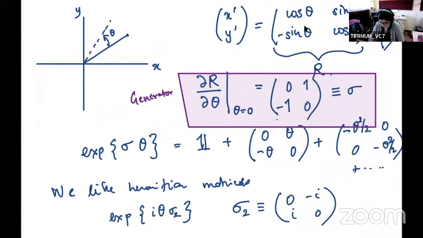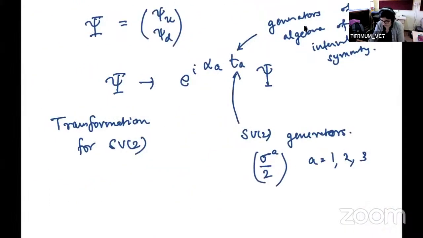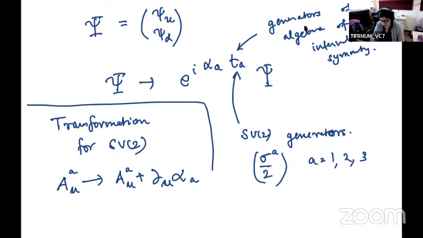Okay, so one more thing changes, which we should have also talked about. Remember A mu goes as A mu minus del mu alpha, right? So since you have 3 alphas, you also need 3 A's. Okay? So you have these 3 A's as well.